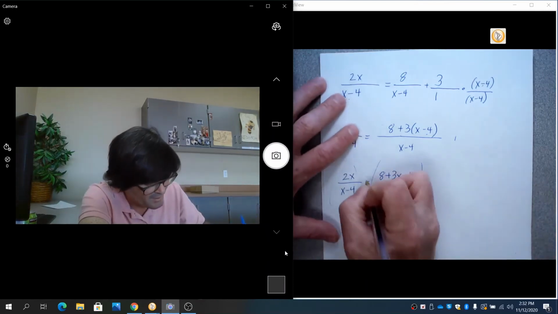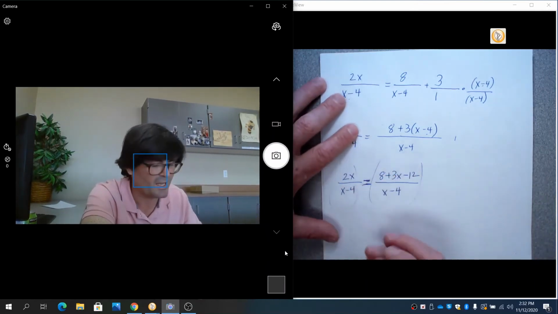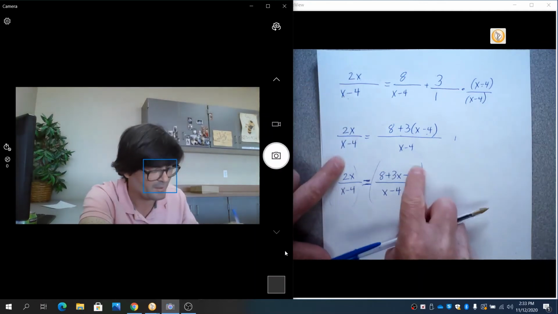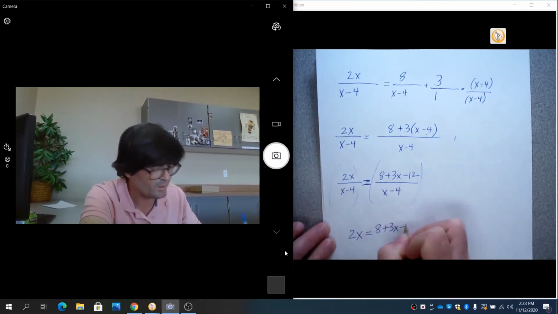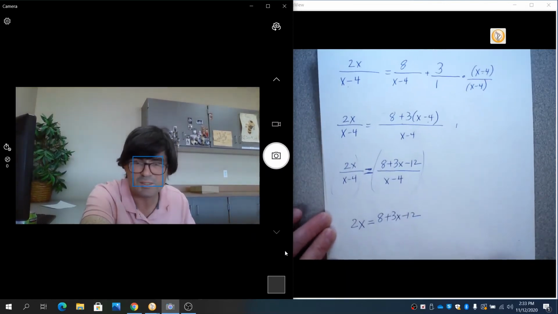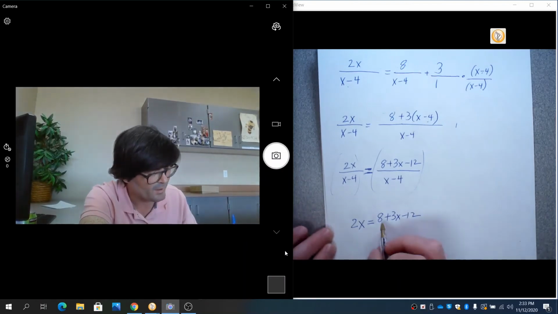This equal sign says these fractions are the same and the bottoms are the same, so the tops have to be the same. So you can just set the tops equal to each other: 2x equals 8 plus 3x minus 12.